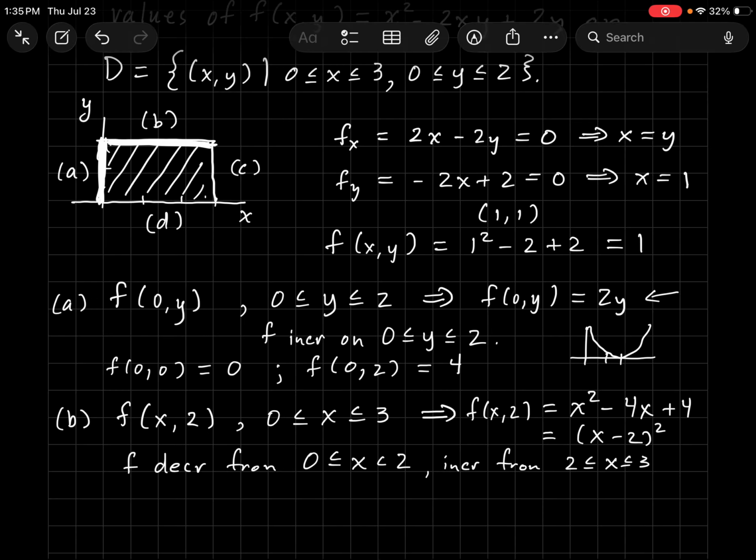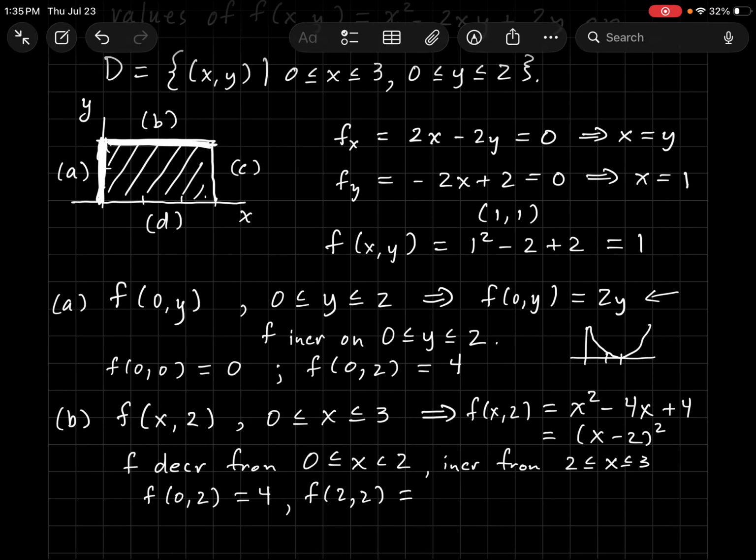So when x equals 0 and y equals 2, well, we already know what happens there. So we have f of 0, 2 is 4. I'll rewrite it. We found it in part A. We also need to check what happens when x equals 2 and y equals 2.